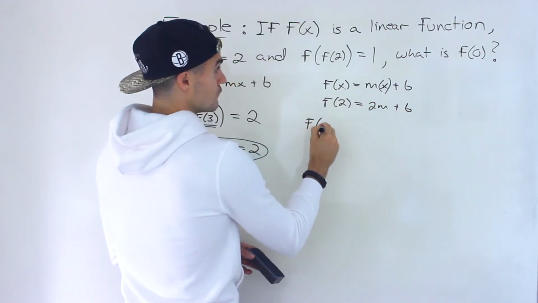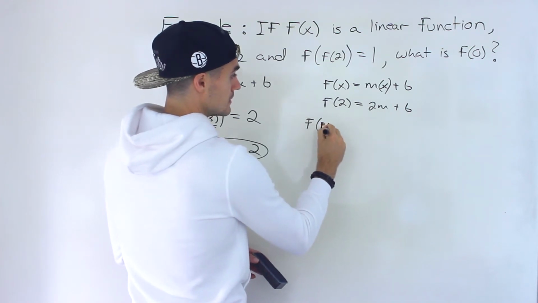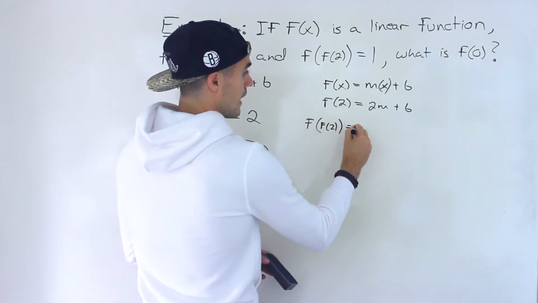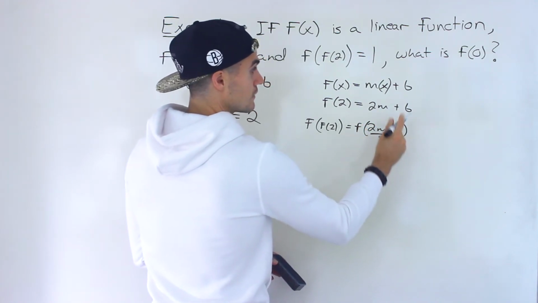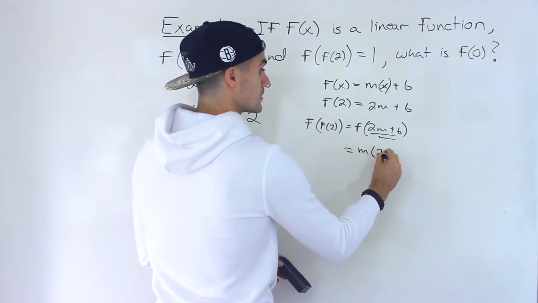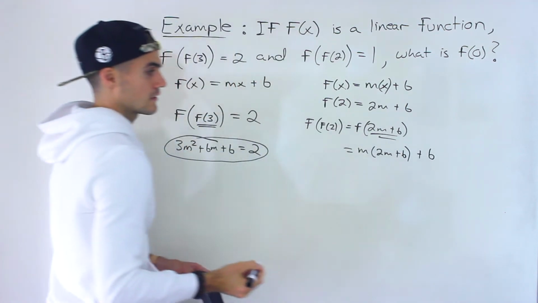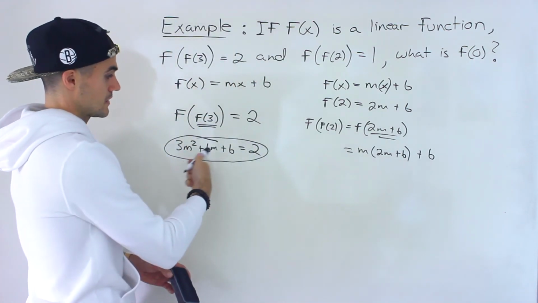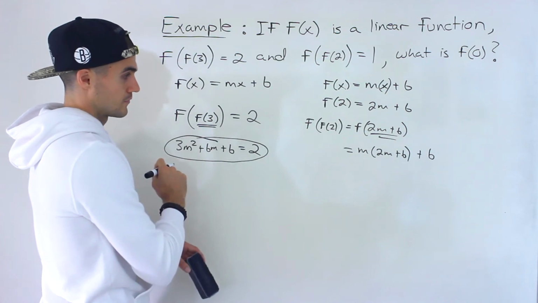So f of f of 2 is going to be the same as f of 2m plus b. And then we just take this and plug it in for the x value. So we'd end up with m times 2m plus b. Basically the exact same thing as this, except the 2 was a 3 before.